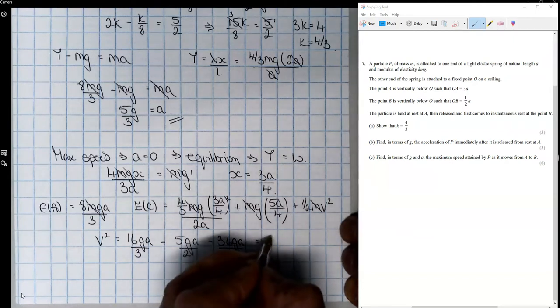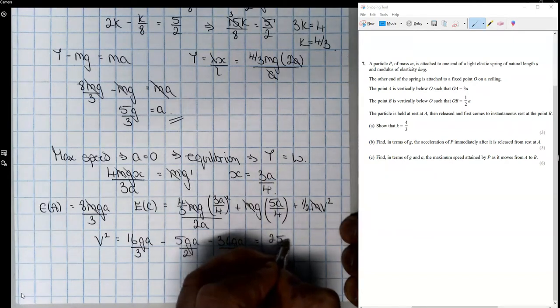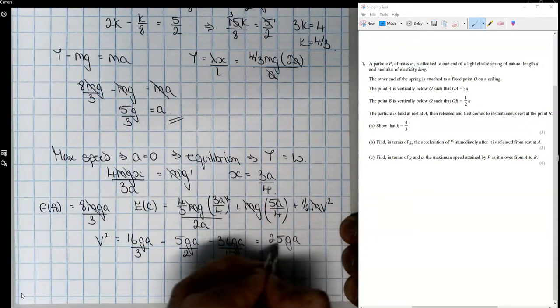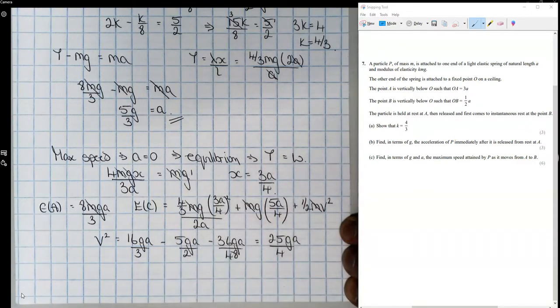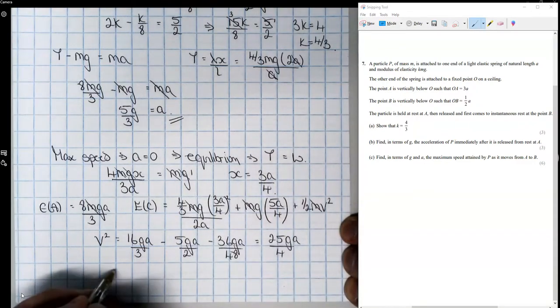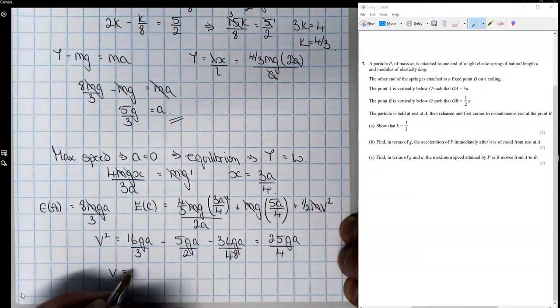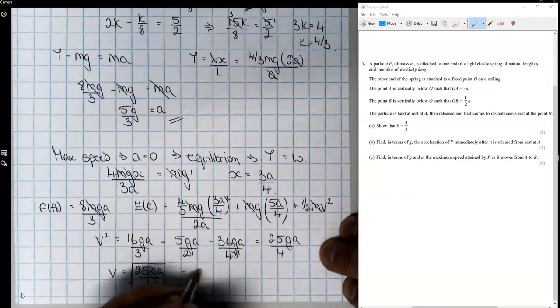To cut a long story short, you get 25ga over 4. So v equals 25ga over 4 rooted, which is better written 5 over 2 root ga.